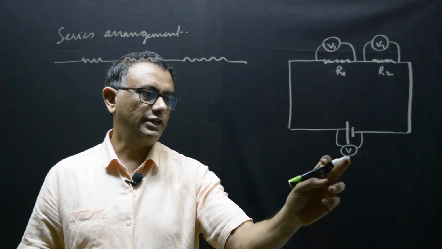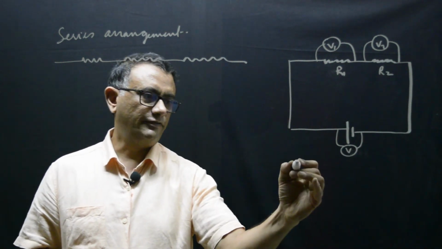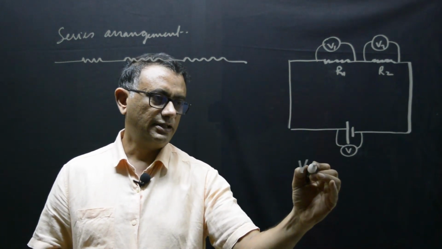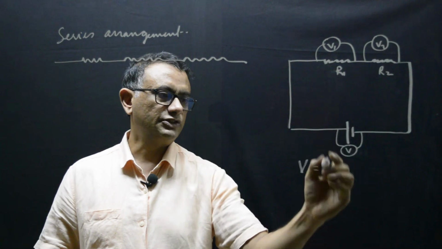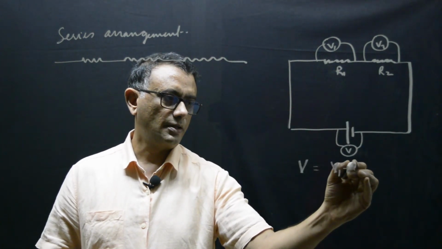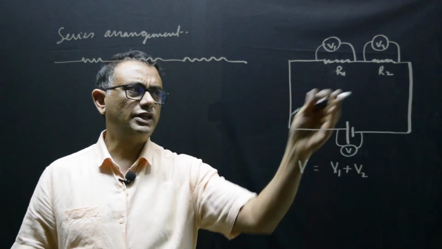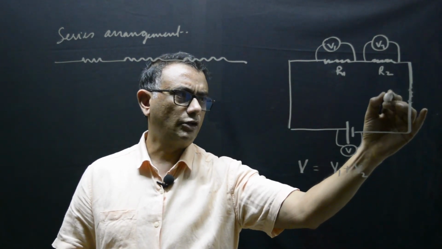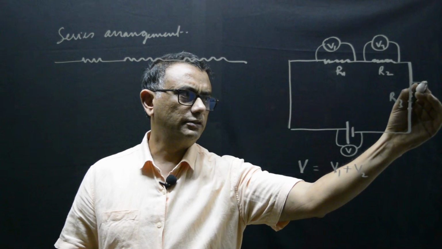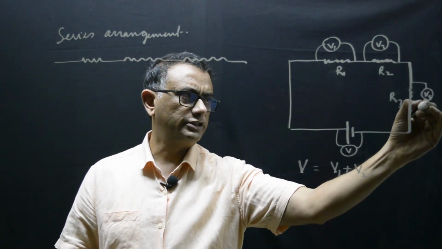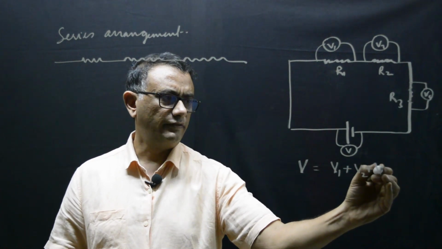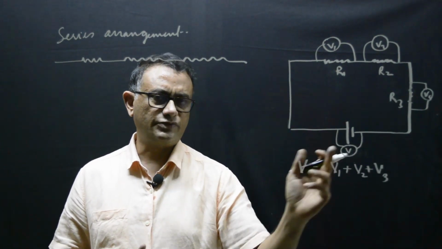So what we are essentially saying is V, the potential difference across the battery, is equal to V1 plus V2. If we have one more resistance out here and we call it R3, then there will be a potential difference across that resistance, and we will say V is equal to V1 plus V2 plus V3.